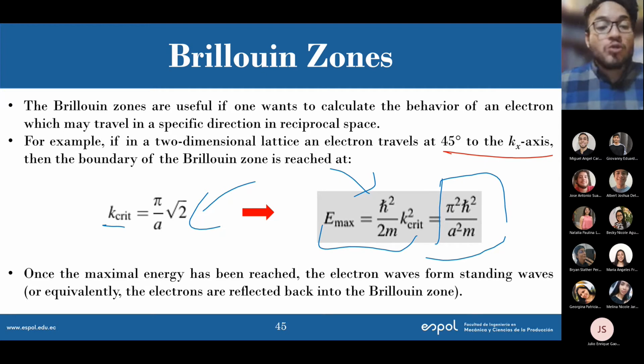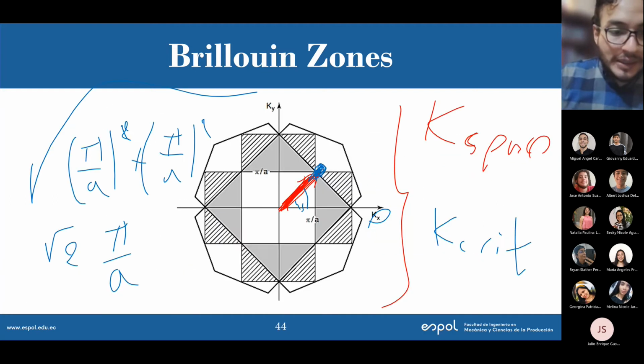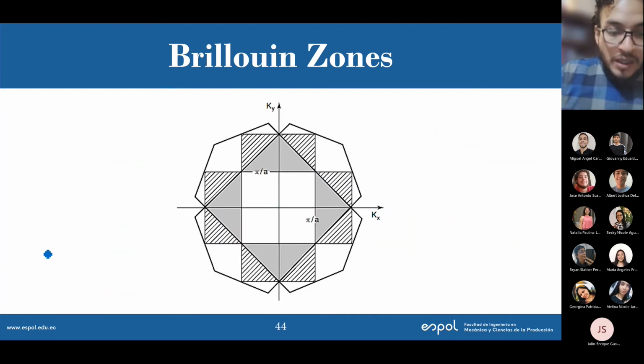Well, the electron waves form standing waves. What does that mean? The electrons reach a wall, and they're reflected back into the brilliant zone. So what I'm saying basically is this. The electron is traveling happily at 45 degrees, boom, reaches the first brilliant zone.